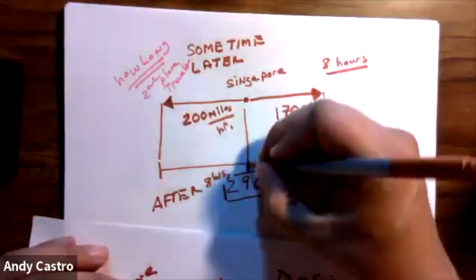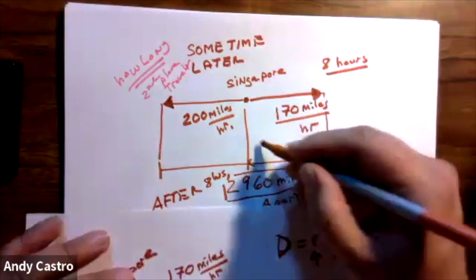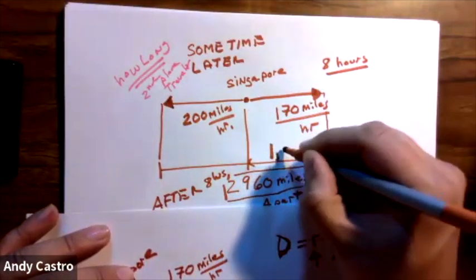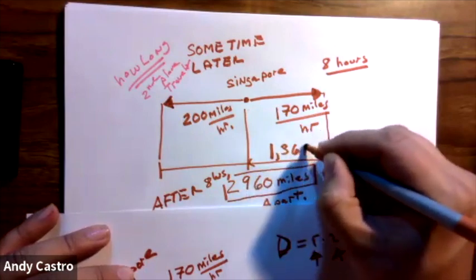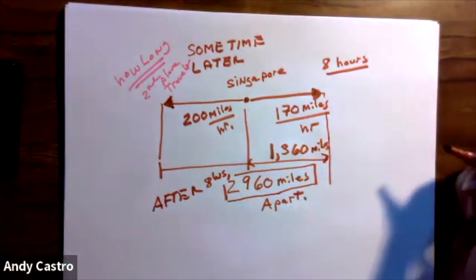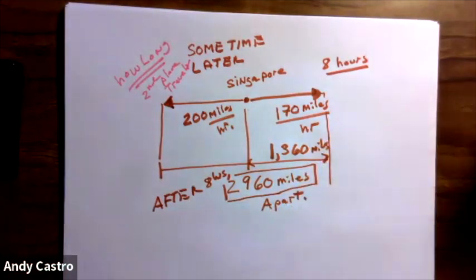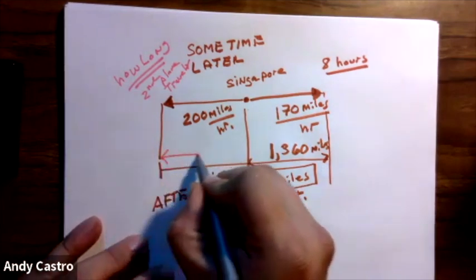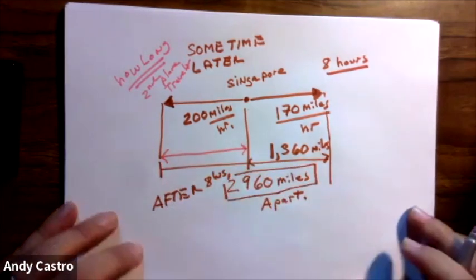So we know that this distance here that he flies in 8 hours is 1,360 miles. So I can solve for how far this other plane has traveled.